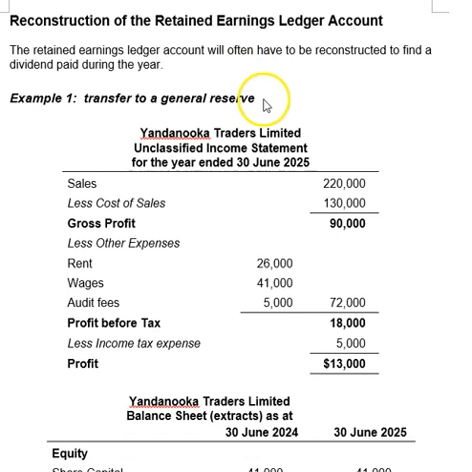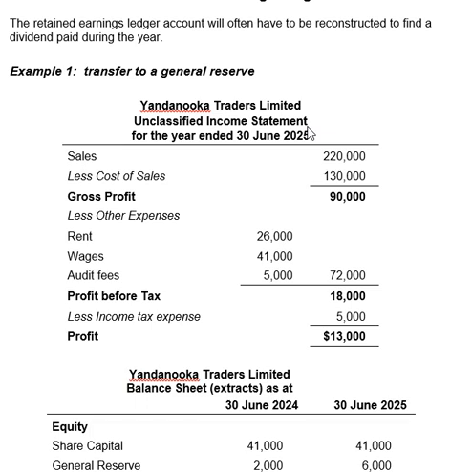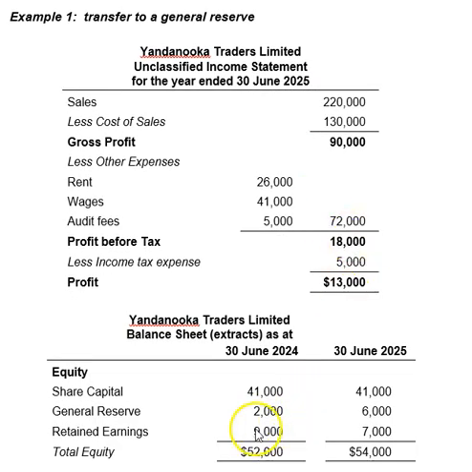Okay, so in order to reconstruct this retained earnings T account, you need to know what are the things that will affect our retained earnings T account. So the first thing you need to record is the opening balance and the closing balance of the retained earnings account. The opening balance is 9,000 and the closing balance is 7,000.